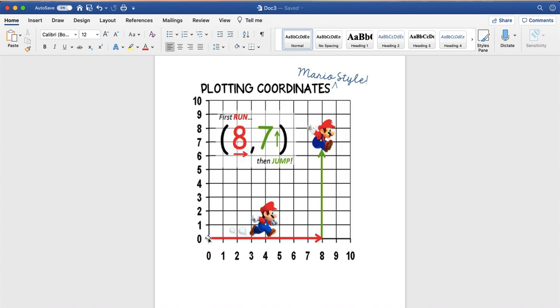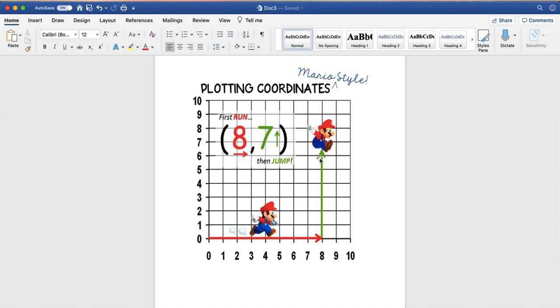And that's my origin. We always need to find our origin because that's our home base, and that's what we're going to use to get the directions of a different point. So this just shows you Mario over here running and then jumping.